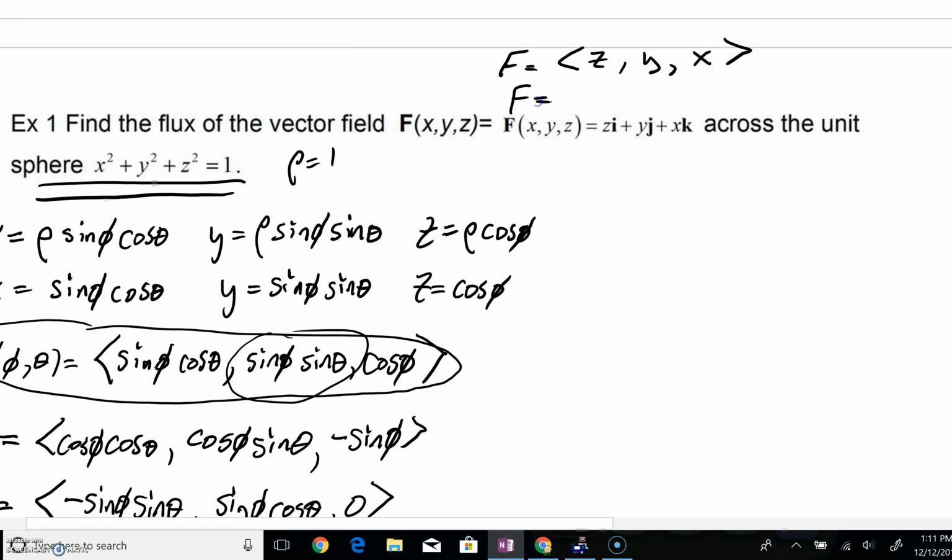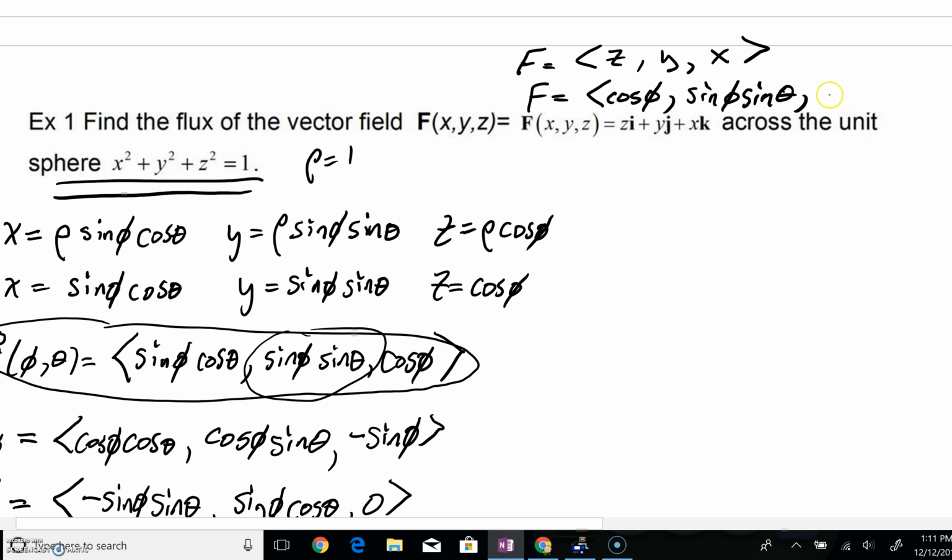But we had parametric forms for z, y, and x. z was the cosine of phi. We're going to have to apply those parametric relationships right there. Our y was the sine of phi, sine of theta. And our x, you can see on the screen right there, that's the sine of phi, cosine of theta.